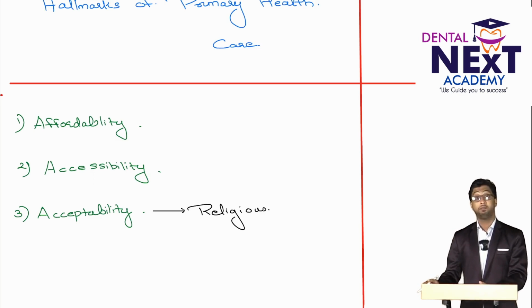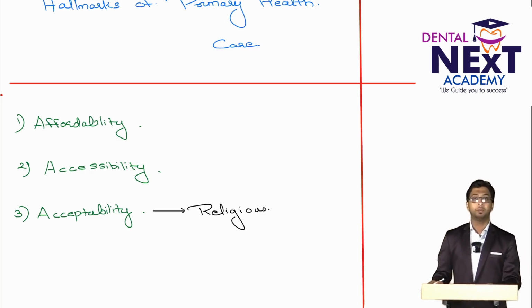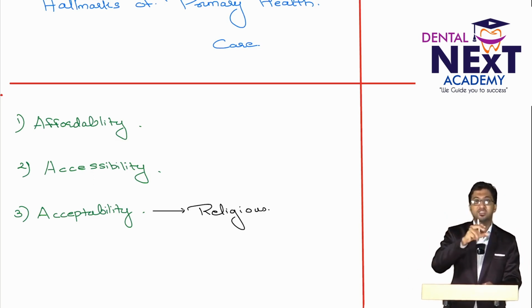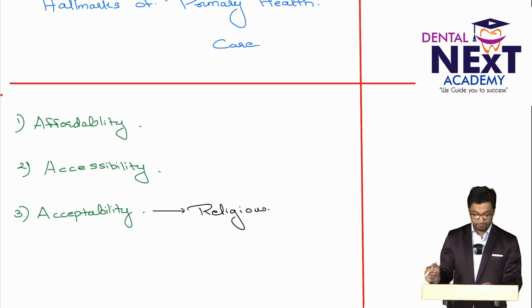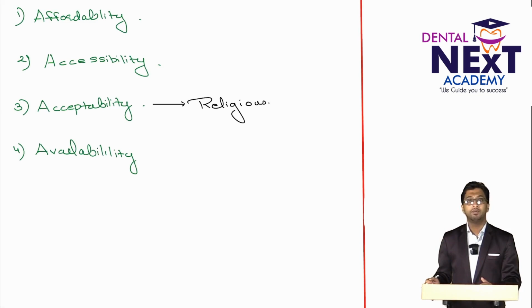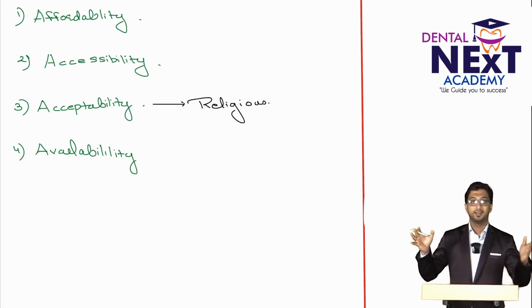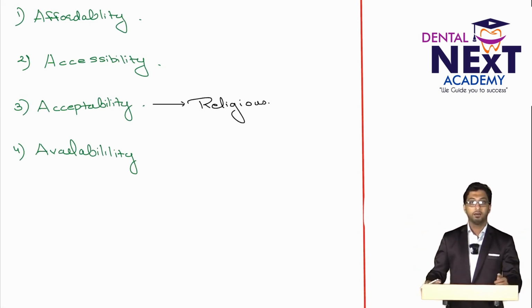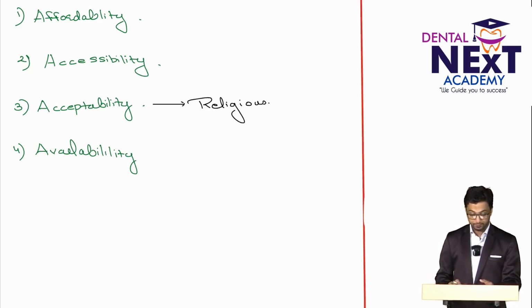So it should be acceptable. The system should be acceptable region wise. It should be arranged that way. That's what acceptable means. That's the next A. And finally, availability of the staff. Now there is a beautiful clinic being put there, and there is no availability of doctors and nurses and all those. It should not happen. So availability is a very, very important thing.